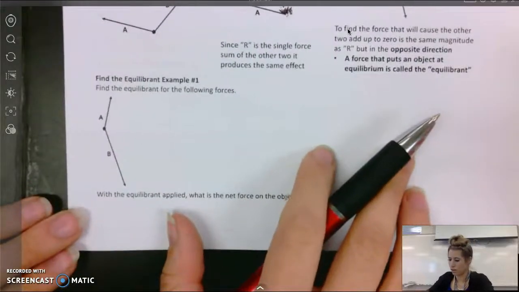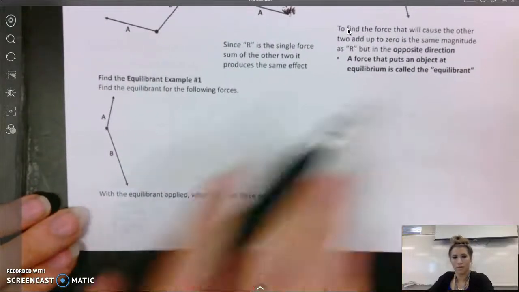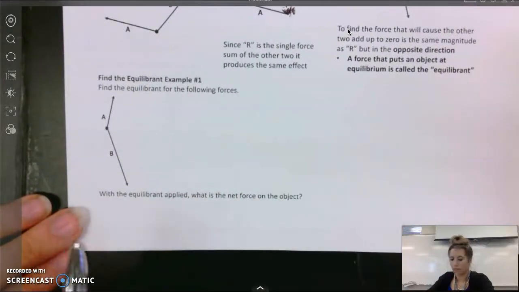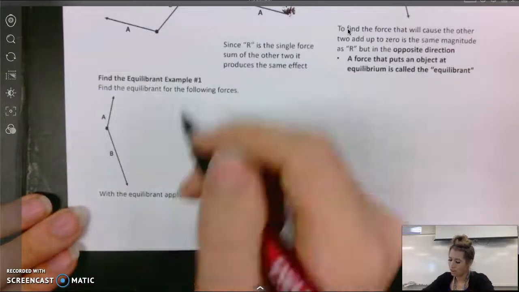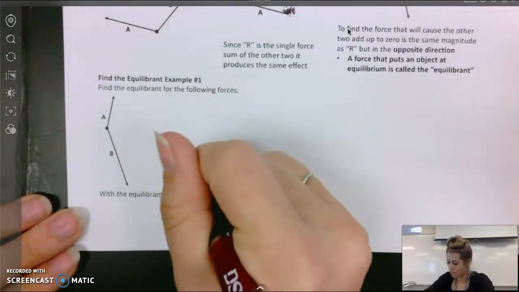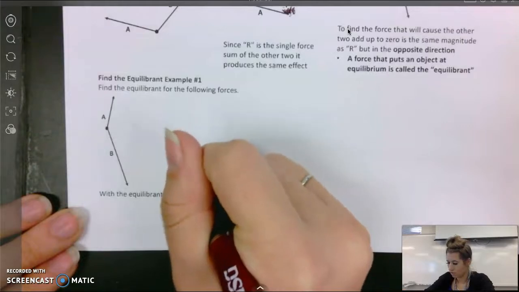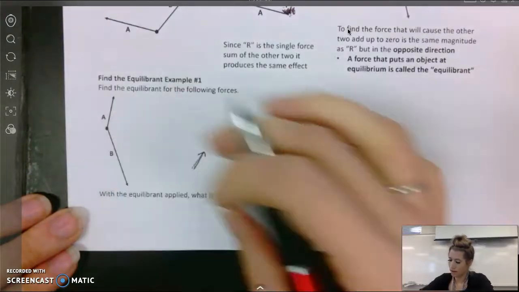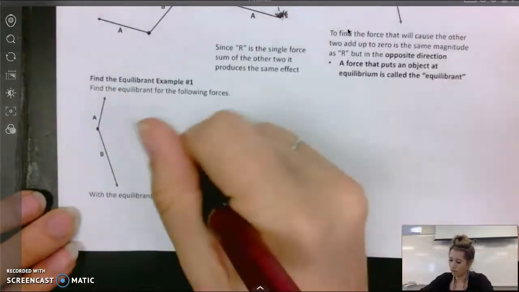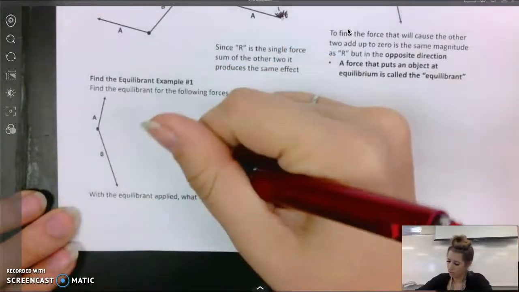And so drawing that in, this negative resultant, it's called an equilibriant. All right, so let's try this. Find the equilibriant for the following forces. So we have A and B. Okay, so we're going to take A, and then we're going to add B. I really should have drawn it up here. Sorry, let's move that.